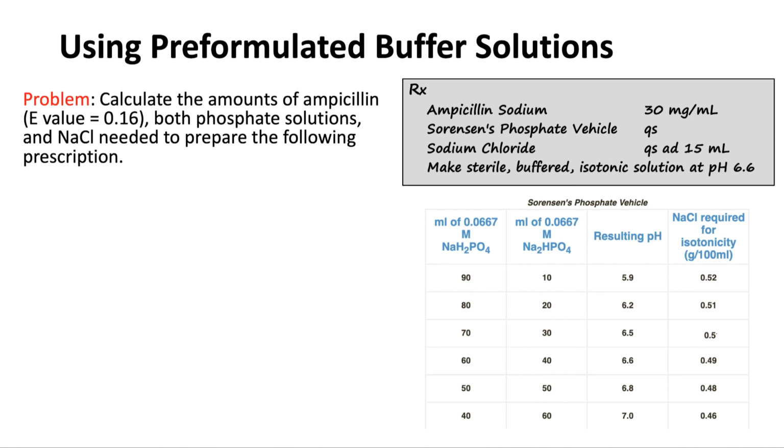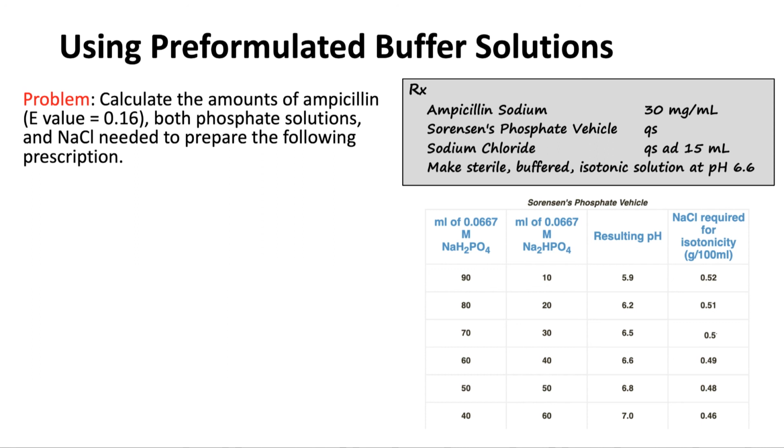You mix those two volumes together, and you get a resulting volume of 100, right? 60 plus 40 is 100. So you would get a total volume of 100 milliliters, and the resulting pH would be 6.6.